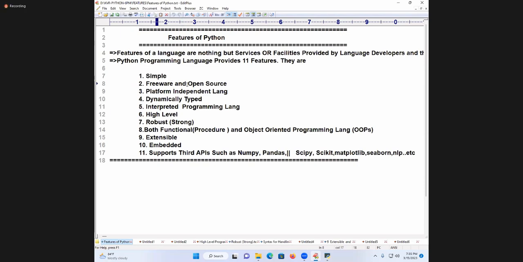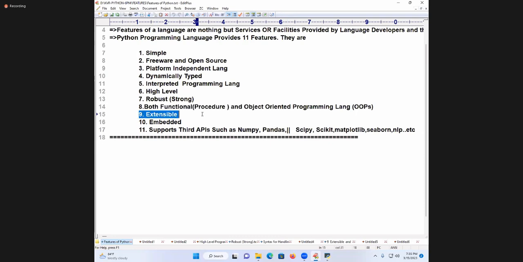Simple, freeware and open source, platform independent language, dynamically typed, interpreted programming language, high level programming language, robust, both procedural and functional oriented, extensible, embedded, third party support APIs.